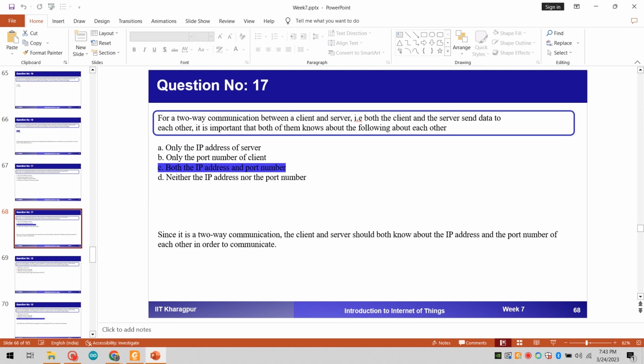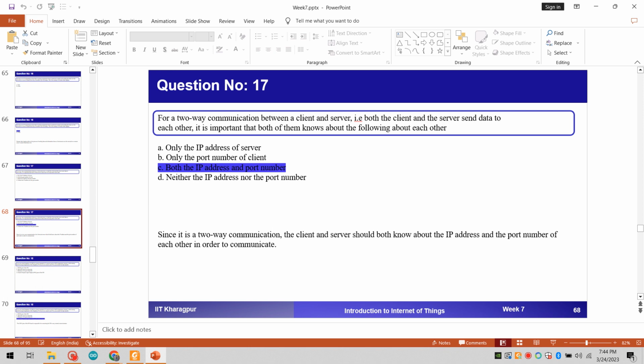Fine. So in order to control those intermediate devices, if we are using a technique where there is a central controller, then it is a SDN. We are adopting SDN architecture there, right?